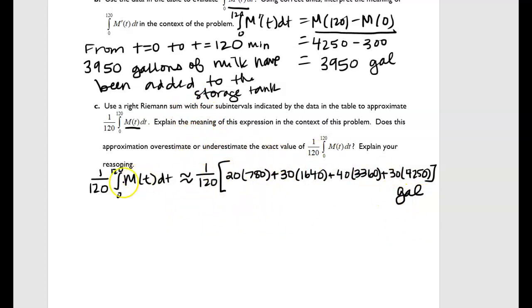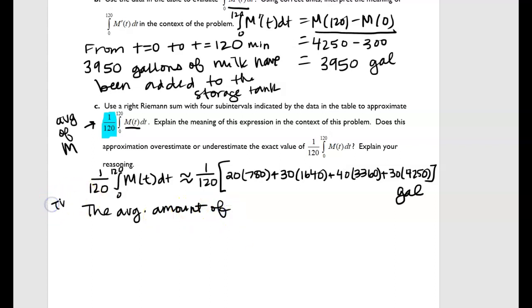And then for my description, I don't even necessarily have to rewrite that. I can say just what it means. So I was taking 1 over 120 times the integral of m of t. That 1 over 120 tells me that this is an average. It's the average of m. So in this problem, that means it's the average amount of milk.